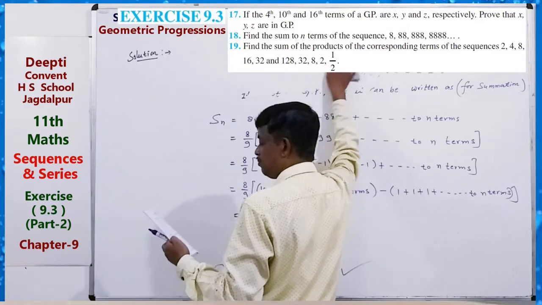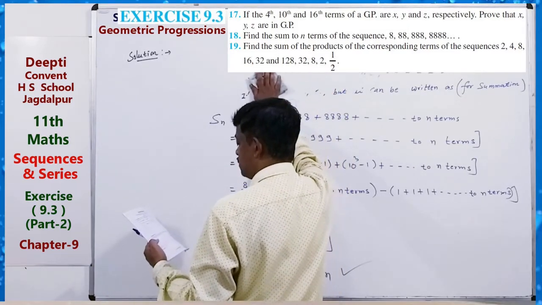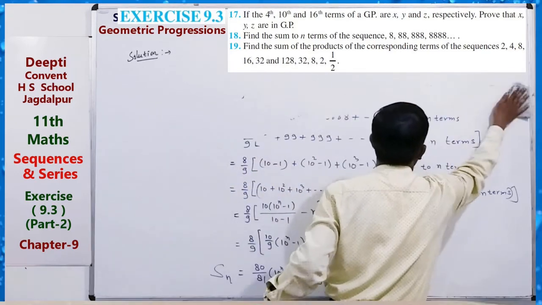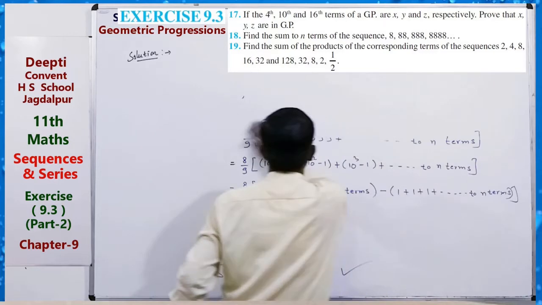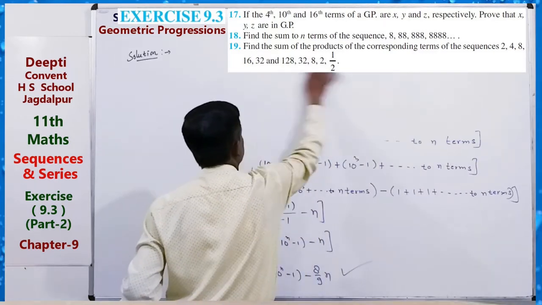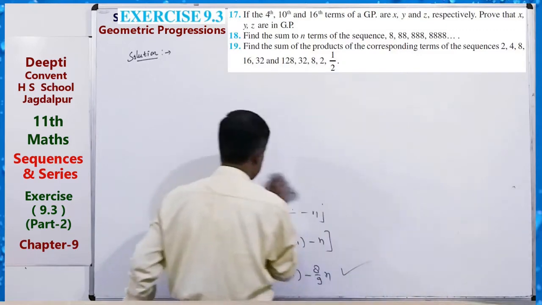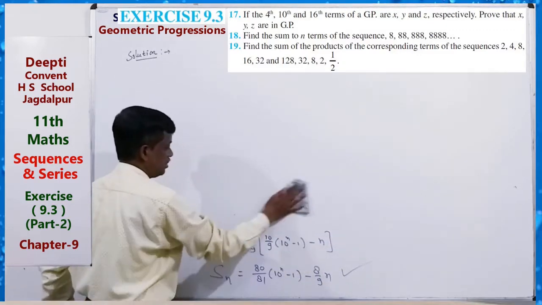Find the sum of the products of corresponding terms of sequences. There are two finite sequences with the same number of terms, and the product of their corresponding terms gives a new sequence.